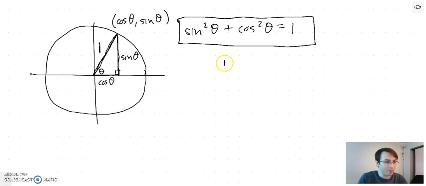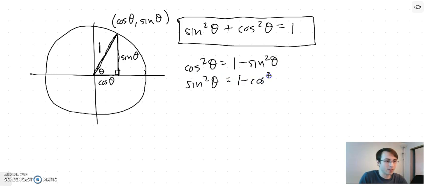Now, from that identity, you can get a lot of other identities. Some really obvious ones are that cos squared theta equals 1 minus sine squared theta, and sine squared theta equals 1 minus cos squared theta.